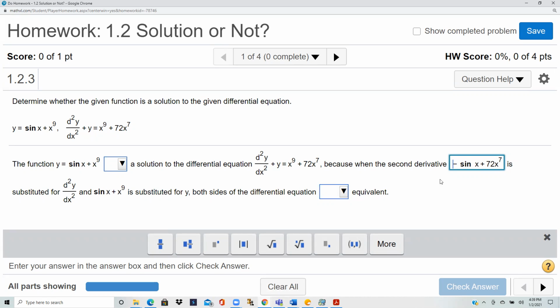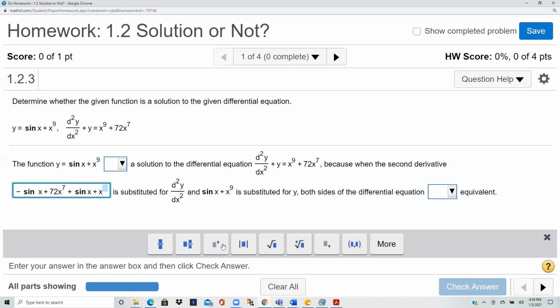Y is plus sine x plus x to the 9. So I'm temporarily going to write it over here. Plus sine x plus x to the 9. So let's see. Now the sine x's will cancel out, and you get 72x to the 7 plus x to the 9, which is exactly what we have on the other side of the equation.